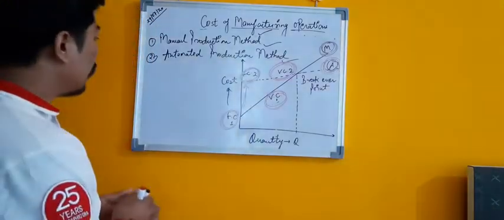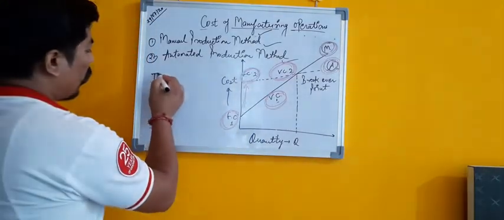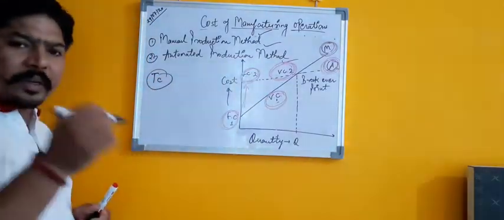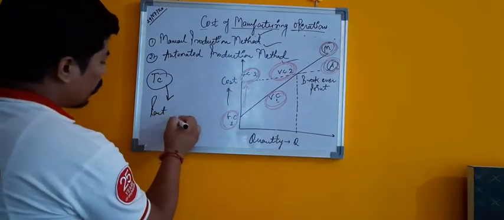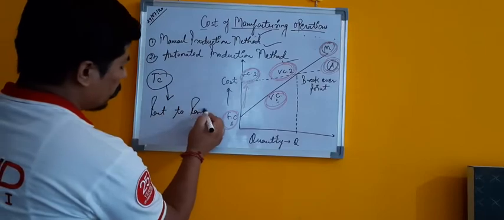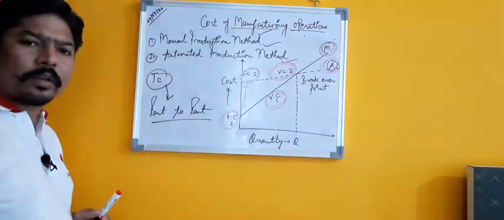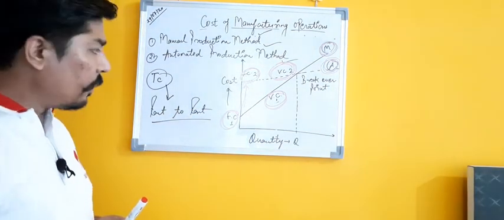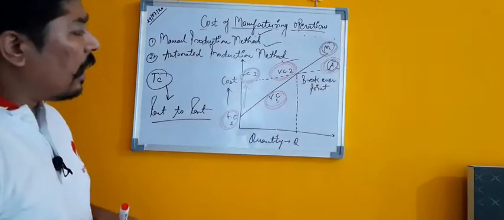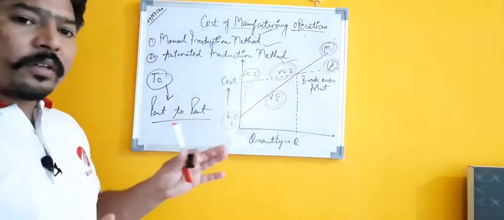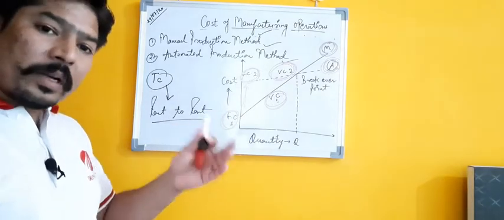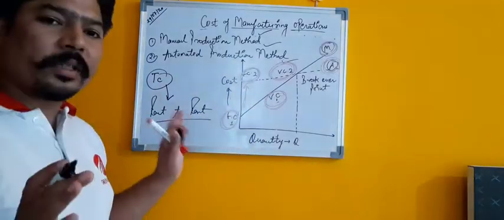So the total cost of a component in that factory will vary from part to part, component to component, or product to product. Clear? So this is how we can compare the fixed cost and variable cost between your automated production method and your manual production method.